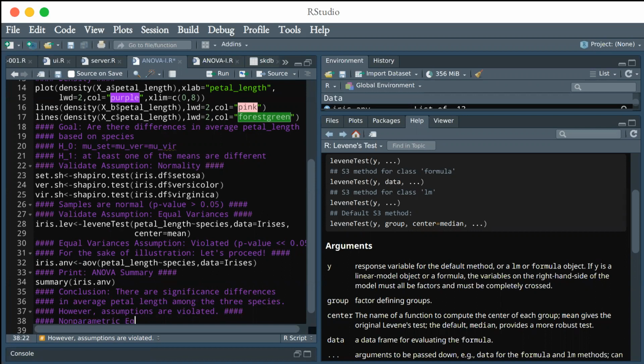Very good, yes. Do we remember it? Starts with K. Kruskal-Wallis. Think of Key West. KW.